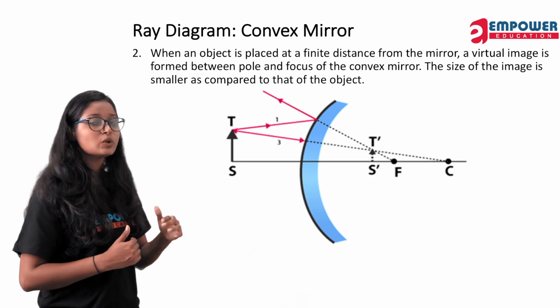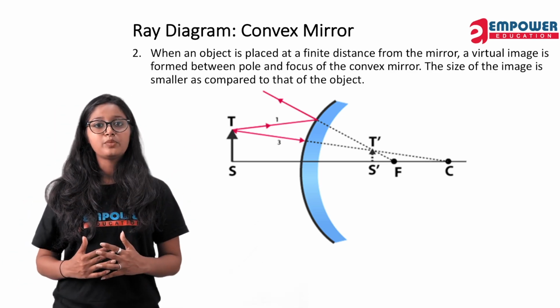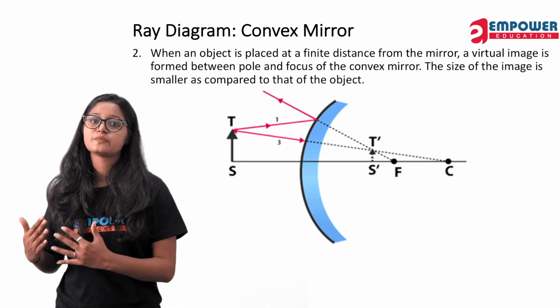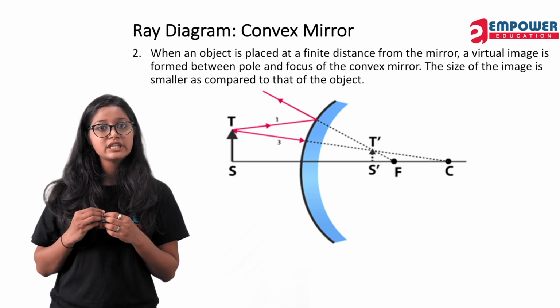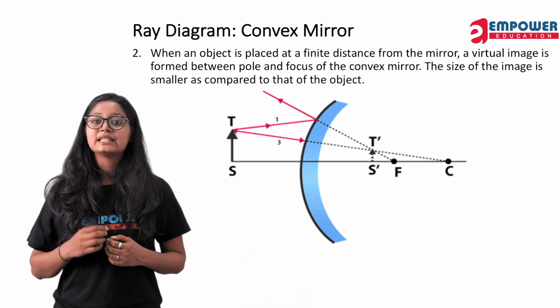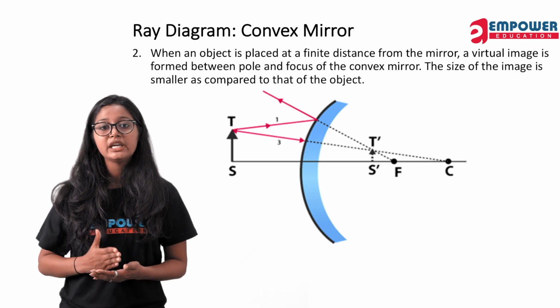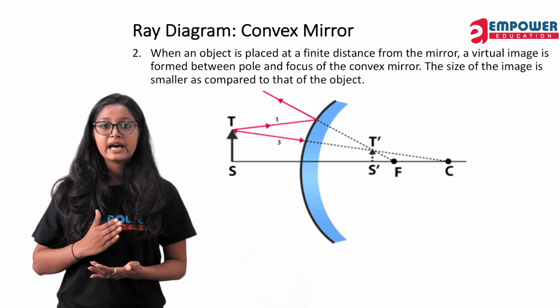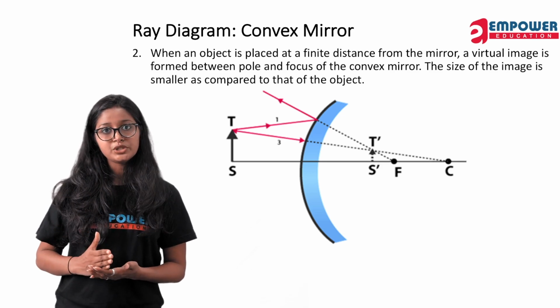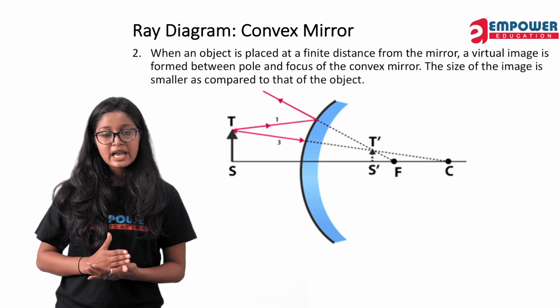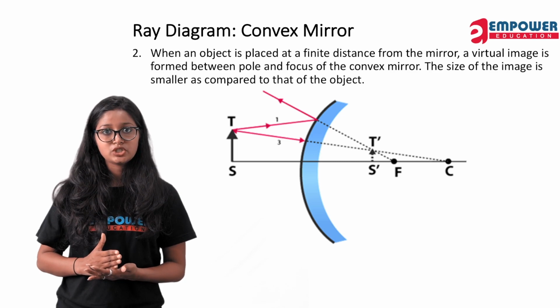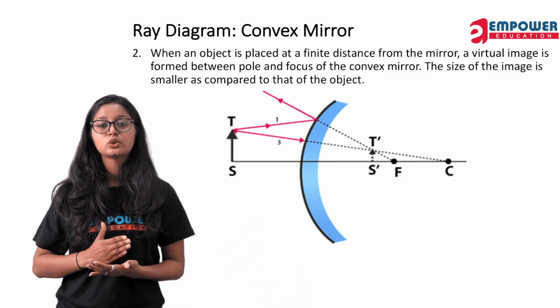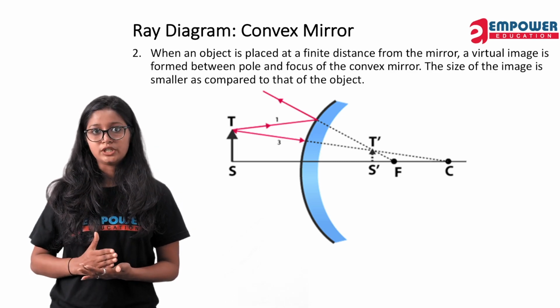If we extend those lines, they meet at a point behind the convex mirror. And if you see the point of intersection, that is the point where the image is formed. Now you see in this case that the image formed here is a virtual image and the size of the image is small as compared to the size of the object.